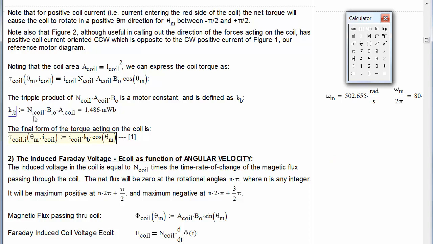I just basically rolled the turns, the B field, and the cross-sectional area of the coil, which came about from the Lorentz force calculation, into one constant. That constant, by the way, has units of Webers, or volt-seconds. And then the torque is going to be proportional to the cosine of the displacement angle, theta m. Okay, that's our first equation.